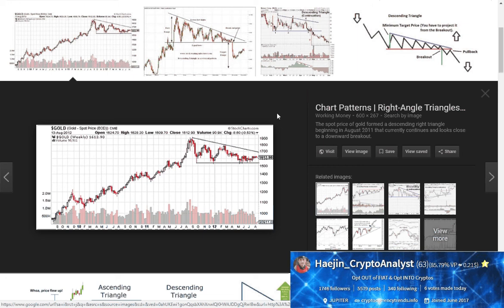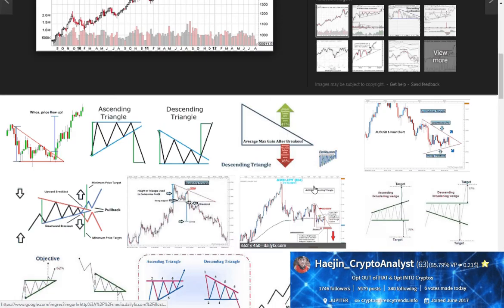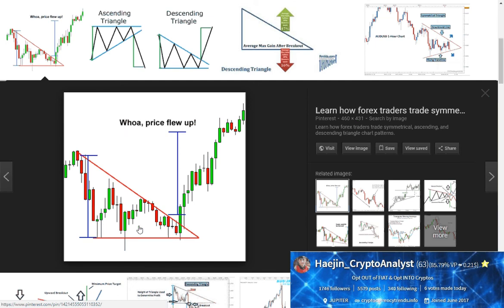Then I would say this is going to potentially rise as well. So it could be a moment of indecision. Like this. A, B, C, D, E, and it'll rise.